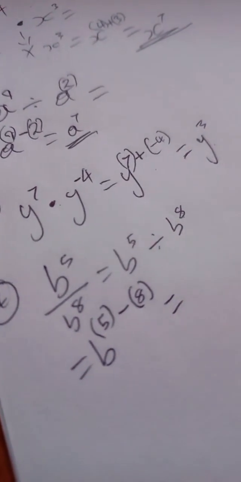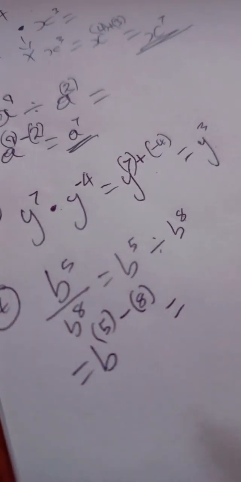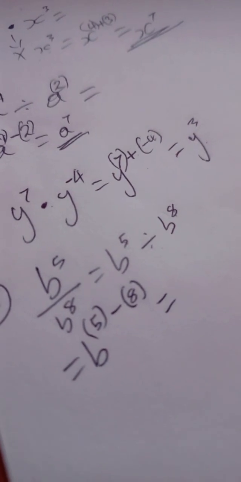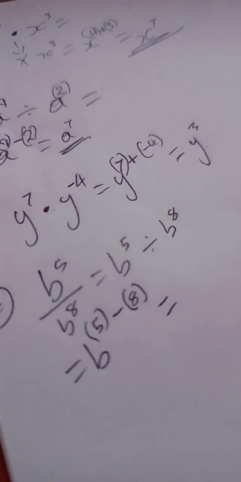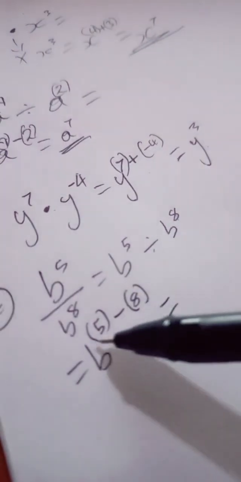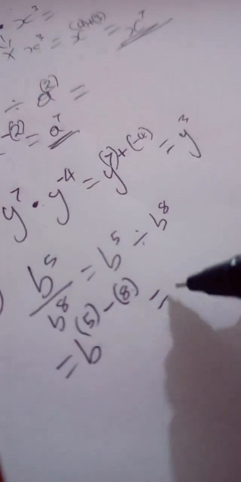Do not change it to 8 minus 5. What you must do is take the first exponent and subtract the next exponent, whether the first exponent is smaller or bigger than the next one. So here we say 5 minus 8, which gives us b to the power negative 3.